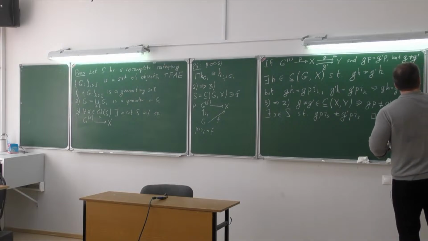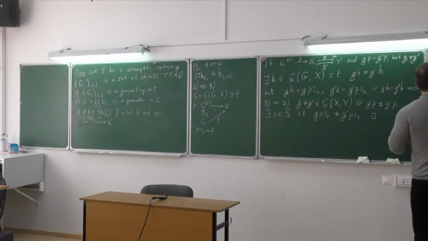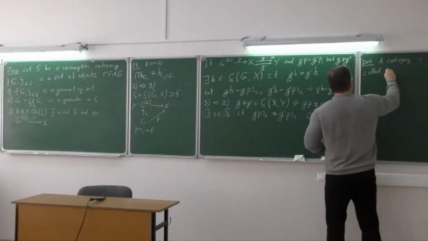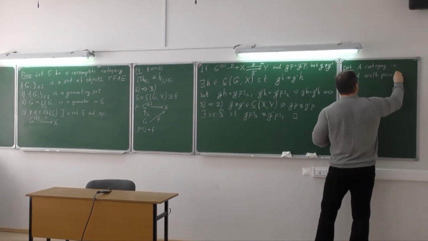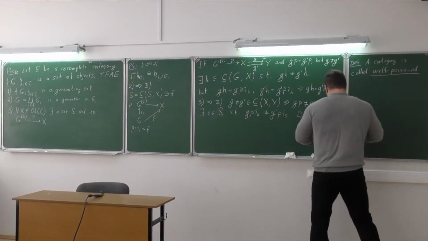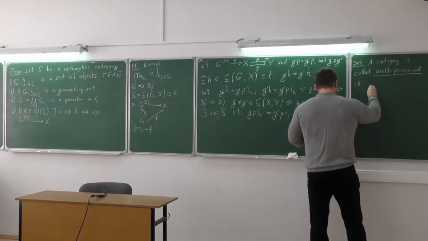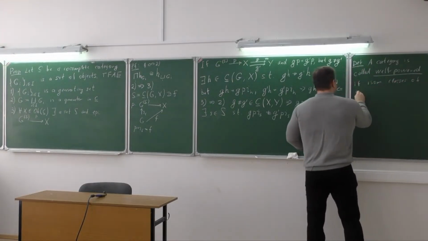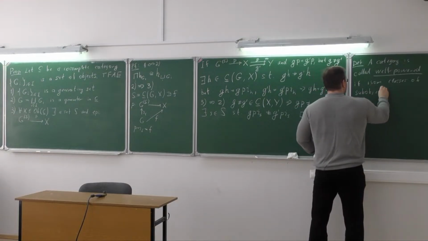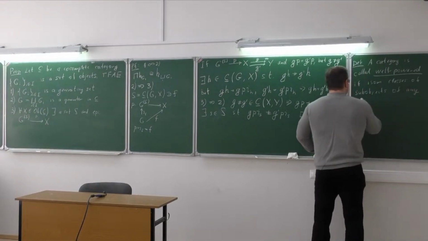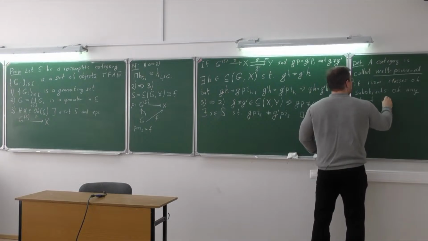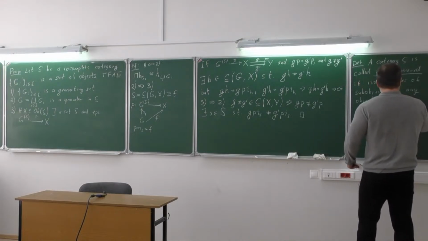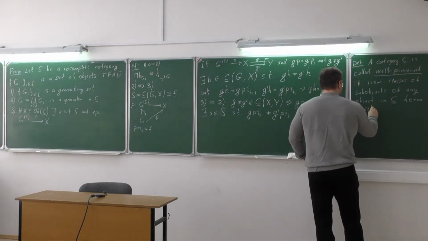So definition: a category C is called well-powered if isomorphism classes of sub-objects of any object in C form a set.